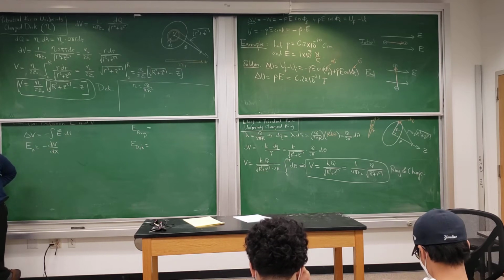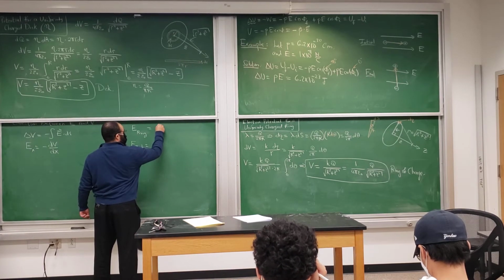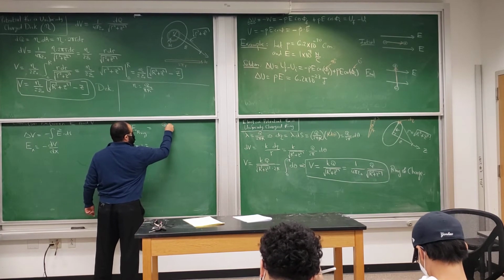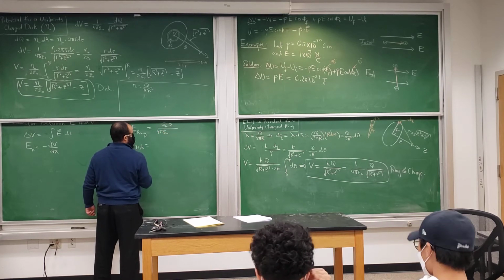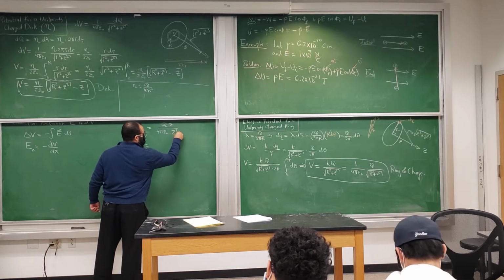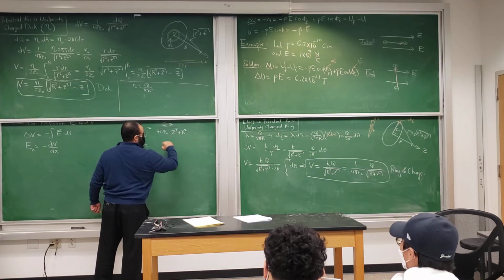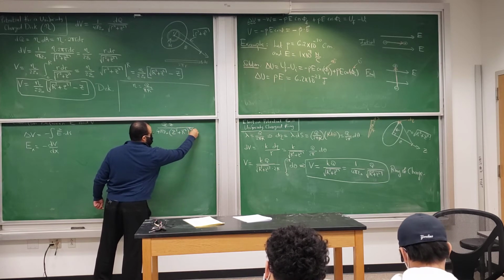Yeah, I have the one for the ring. I have Q times z over 4 pi epsilon naught, and then z squared plus R squared, capital R, to the 3 halves, in parentheses. Yeah, thank you.